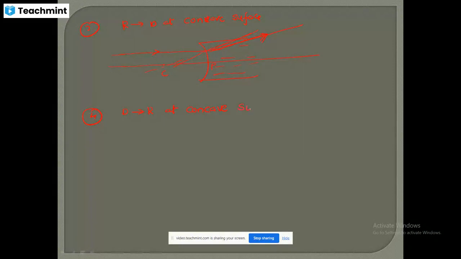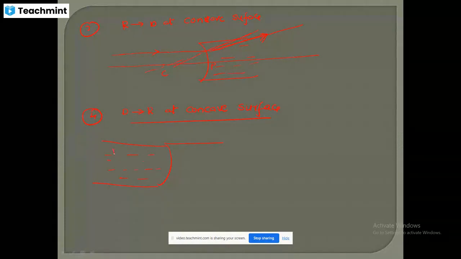Next, the last one. Light travels from denser to rarer at a concave surface. So I can take here a concave surface. This is the water, a denser medium. This is the principal axis.